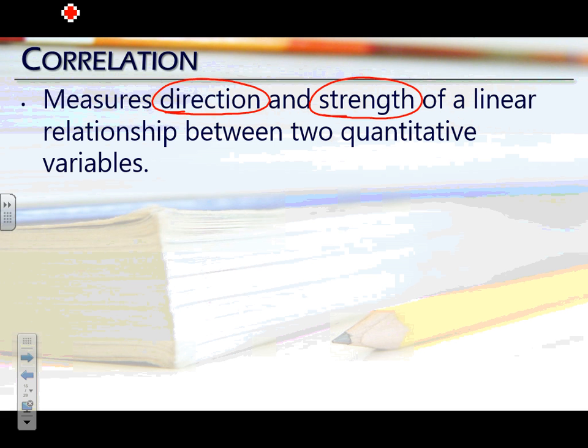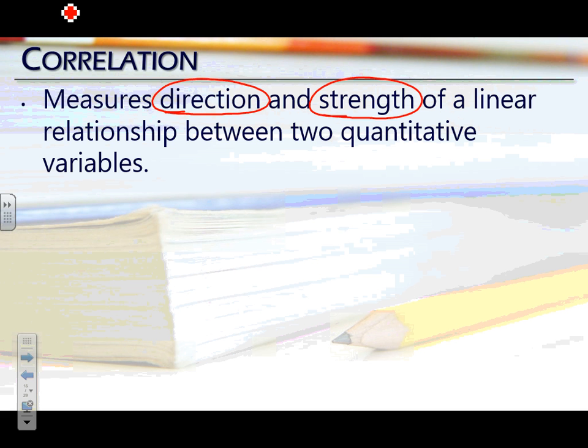If you calculate correlation and it comes out negative, that's a negative association. But the next thing it's going to do is give us a value for strength. It's going to give us a way to quantify how strong an association is. And that number won't be affected by the scales. So no matter what graph you're looking at, no matter how far they zoomed in or out, the strength isn't going to change. So we have a way to quantify and know exactly how strong an association is.